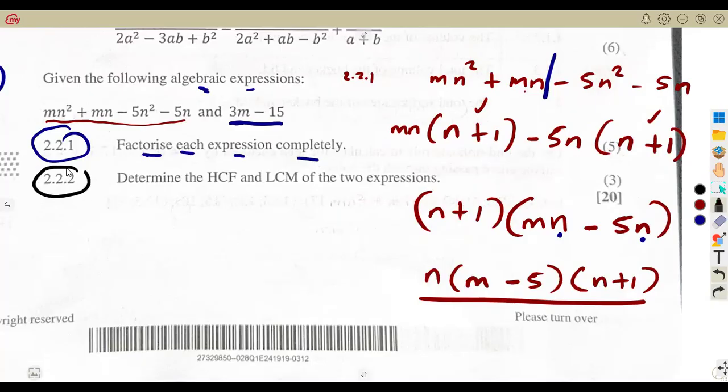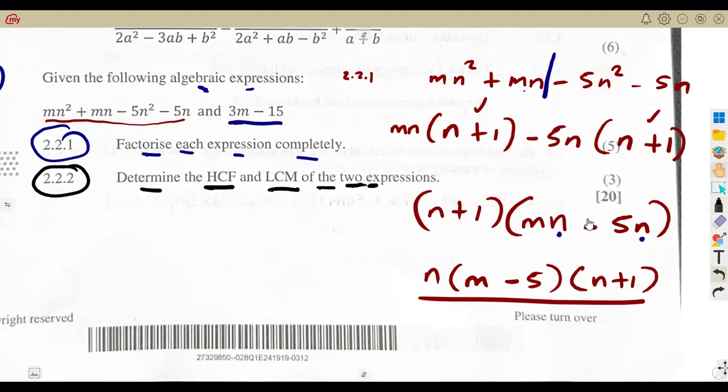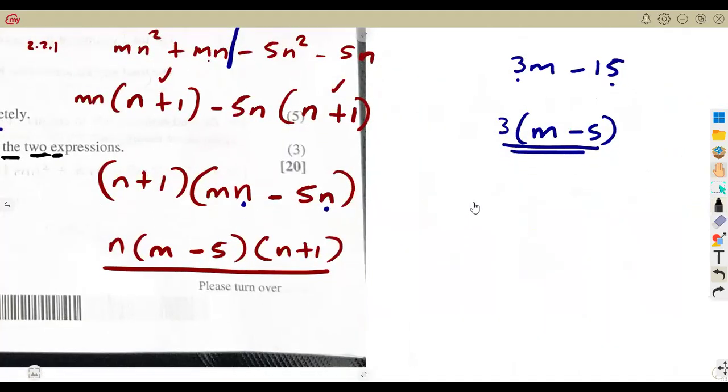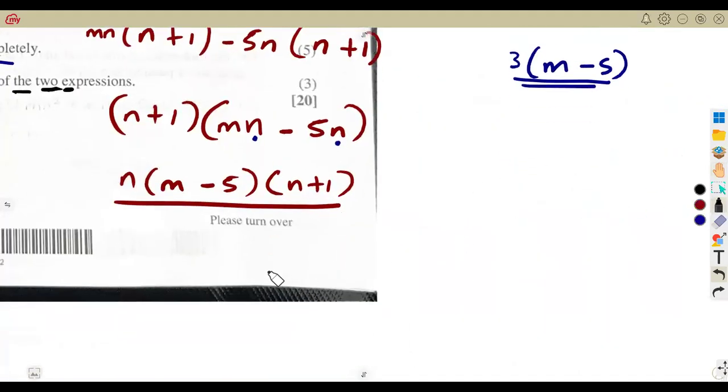Then 2.22, they want you to determine the HCF and the LCM of the 2 expressions. What is going to be the HCF? Remember, I told you guys, the HCF is the one that you refer to as the highest common factor, which is common throughout these 2. You check the final answers.